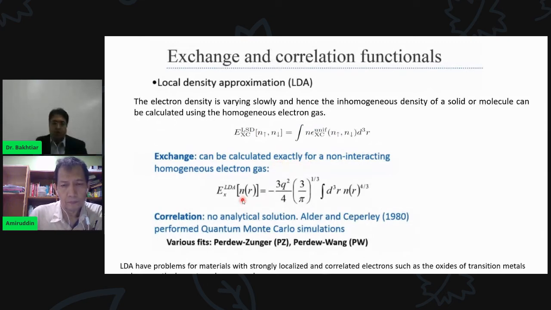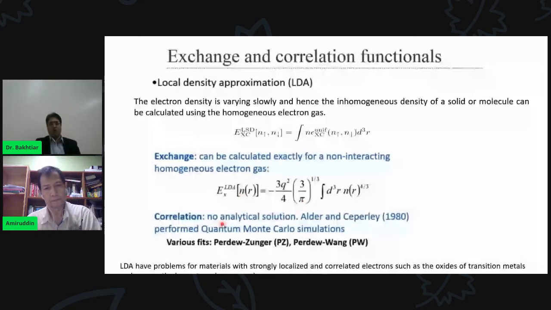One is the exchange term, and this can be calculated exactly by using this formula. Whereas for the correlation term, no analytical solution is available, but Ceperley and Alder performed some very heavy quantum Monte Carlo simulations, and they derived some numerical values for the correlation term.